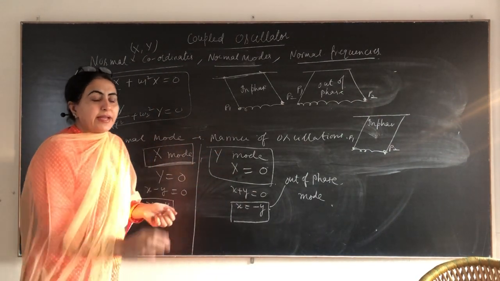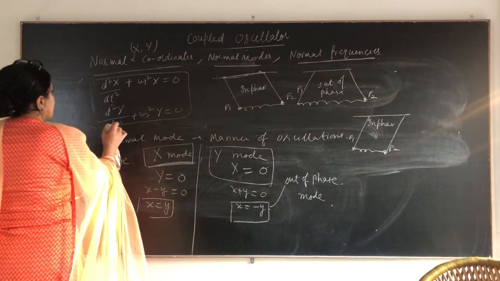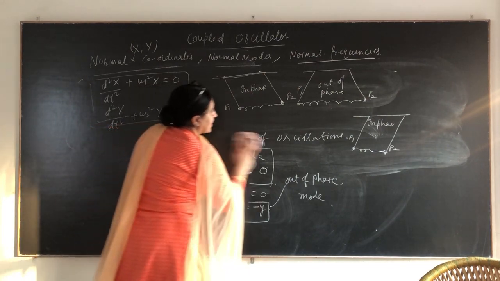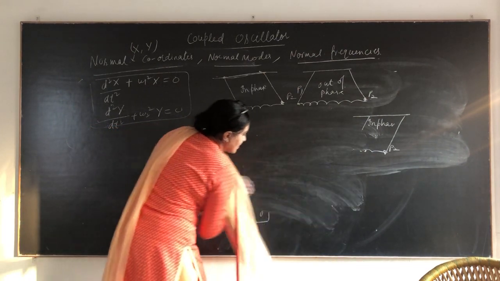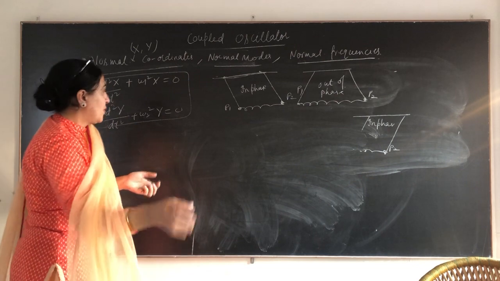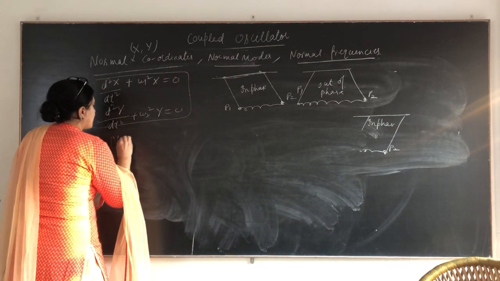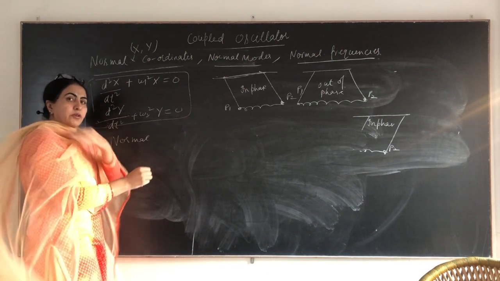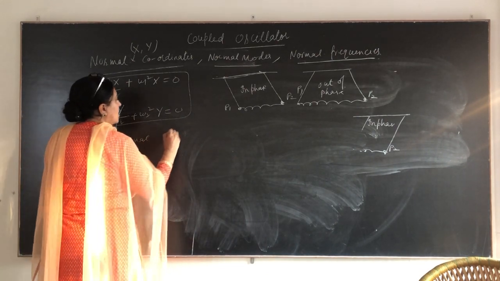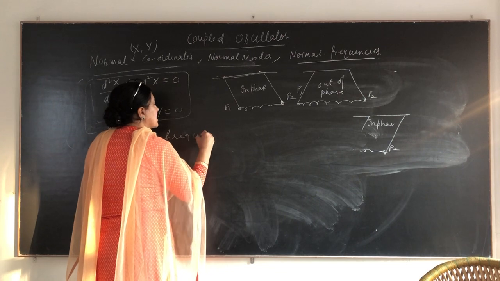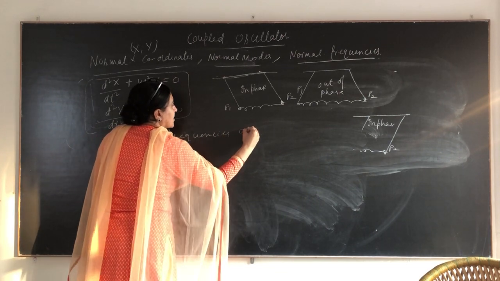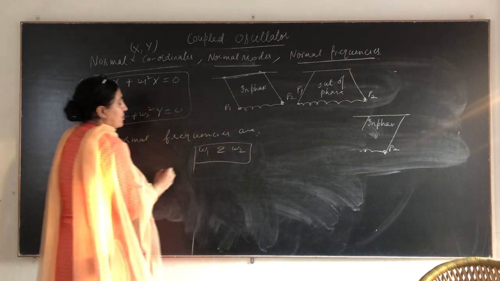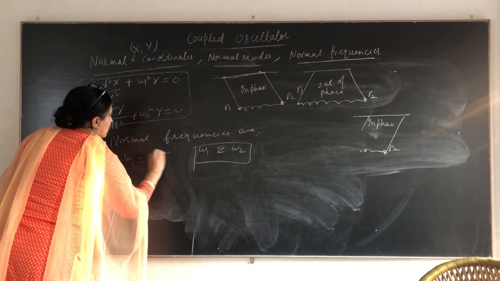Then there are the normal frequencies. Now I think you can understand what normal frequencies are. The normal frequencies are omega 1 and omega 2, because there are two equations, and combined they give the differential equation for a coupled oscillator. Omega 1 is under root g by l.